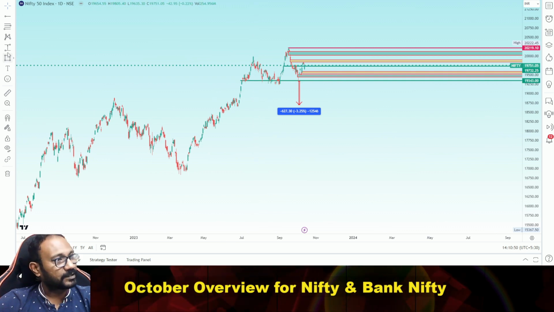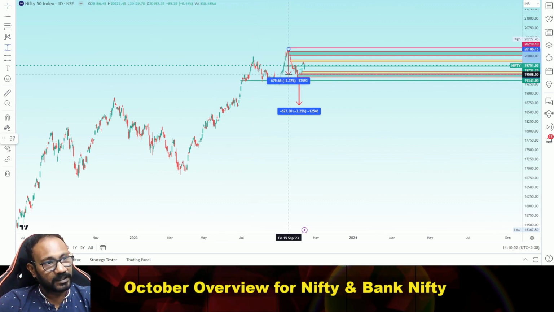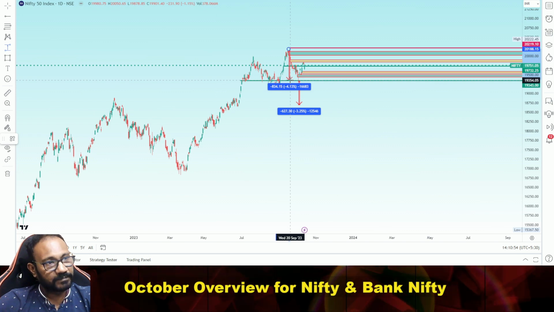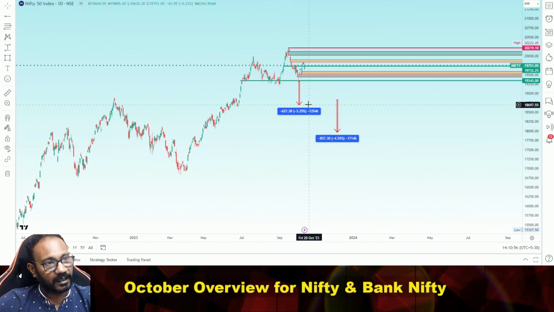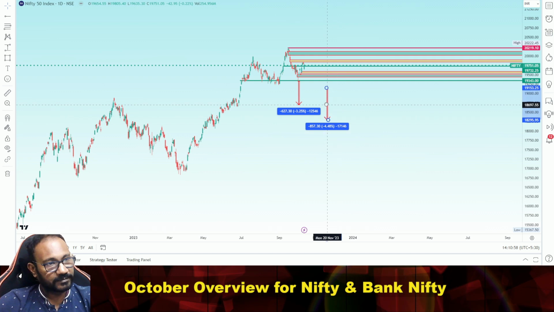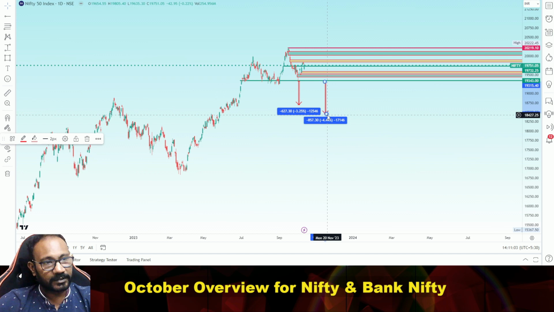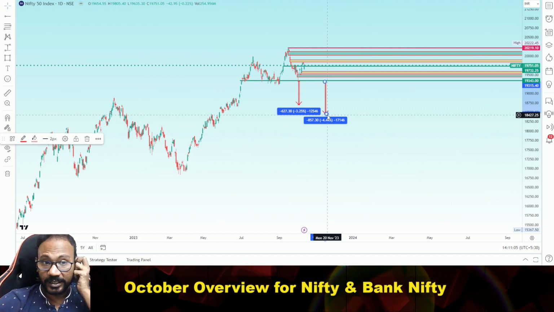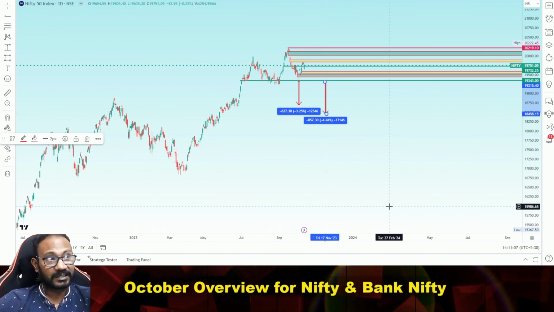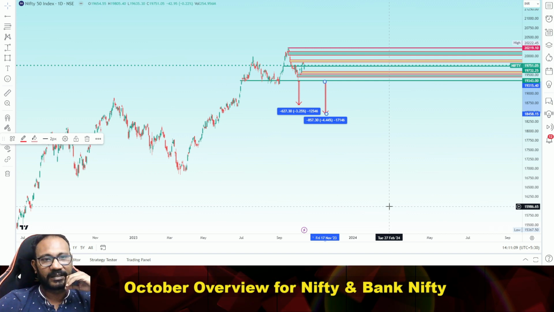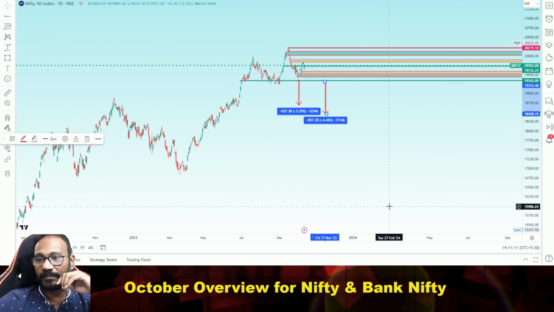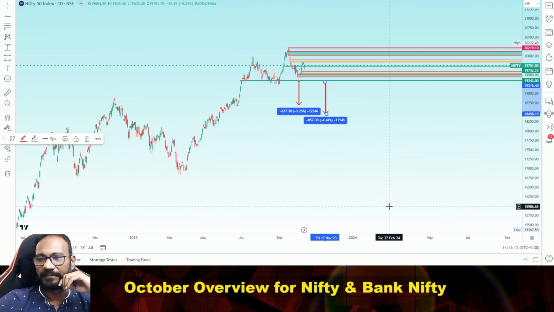If I have to further draw from here to here, then I have a second target from the neckline, which is around 18,420, right? So this is the least that we are talking about. That's the kind of potential breakout on the downside.